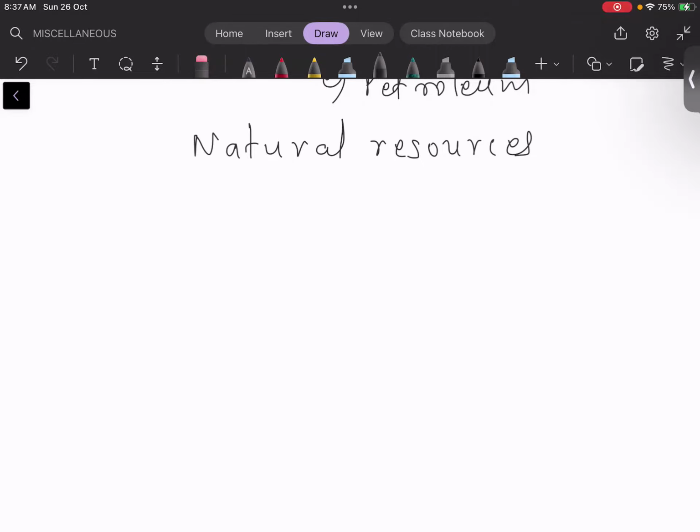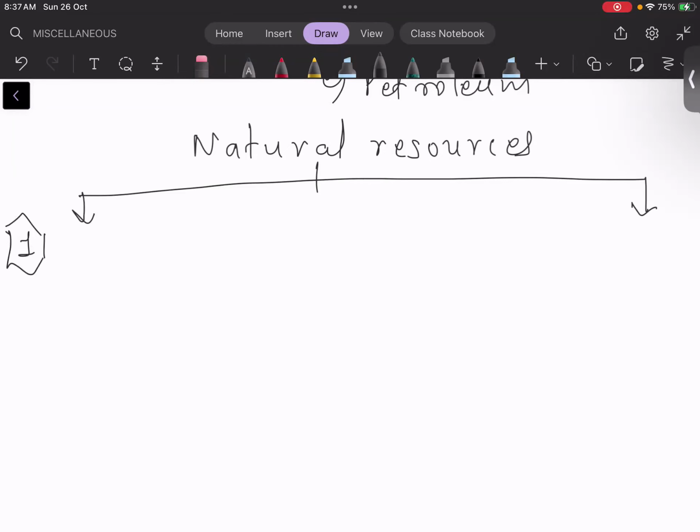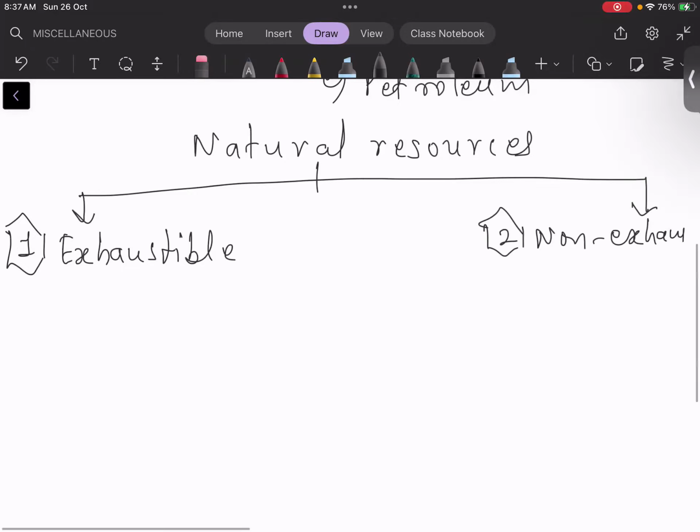One is exhaustible and the second one is non-exhaustible.